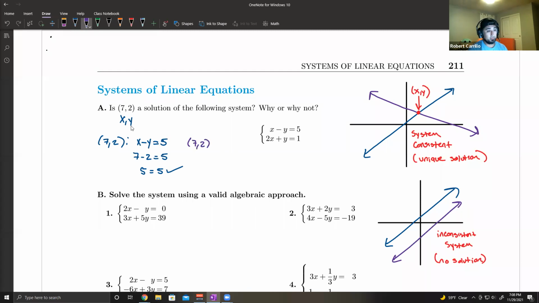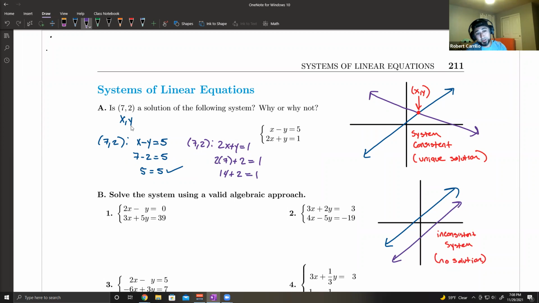7, 2 into 2x plus y equal to 1. Again, plug in 7 for x, so you'd have 2 times 7 plus y, which is 2, equal to 1. And you would get 14 plus 2 equal to 1.